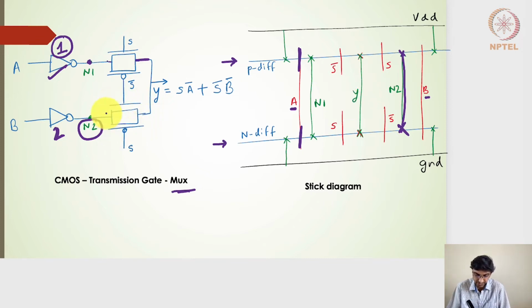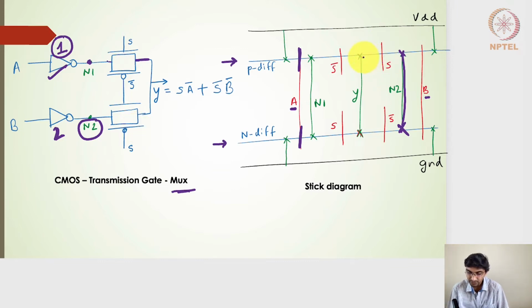And let's talk about this particular transmission gate. If you look closely, S bar is going to the NMOS transistor and S is going to the PMOS transistor. So I should have an S bar polysilicon gate for the NMOS transistor. That means S bar cutting the N diffusions, and S as the polysilicon gate connecting to the PMOS transistor.